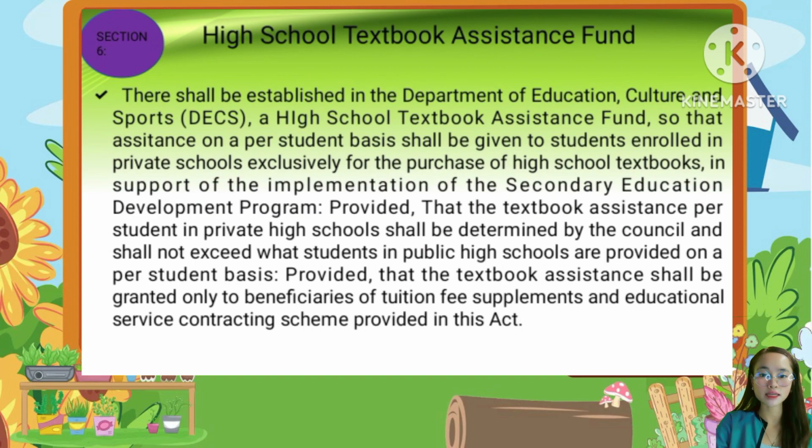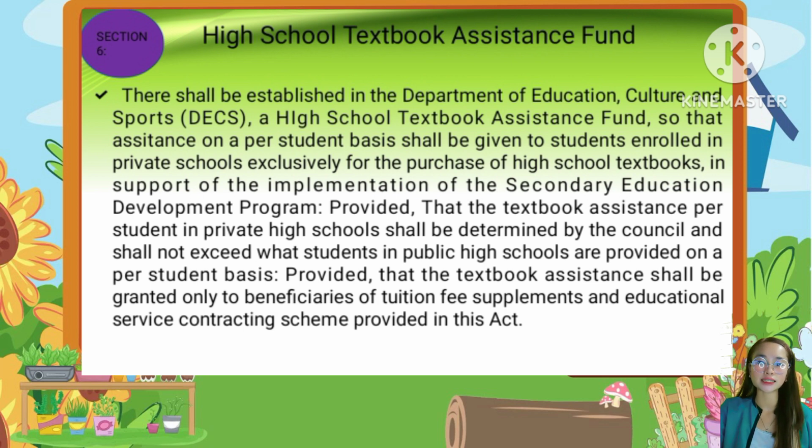In Section 6, we have the high school textbook assistance fund. There shall be established in the Department of Education, Culture, and Sports, or DECS, a high school textbook assistance fund, so that assistance on a per student basis shall be given to students enrolled in private schools exclusively for the purchase of high school textbooks in support of the implementation of the Secondary Education Development Program.